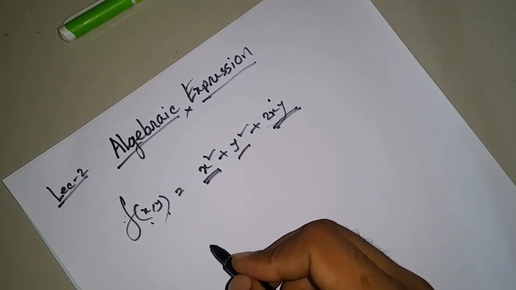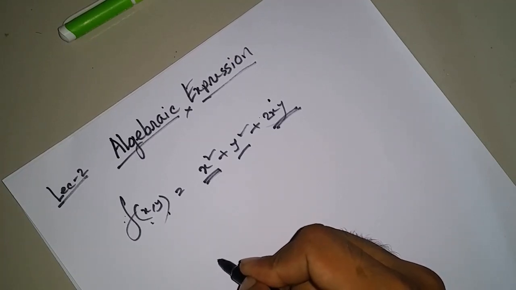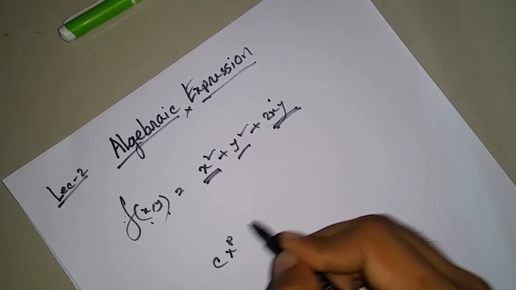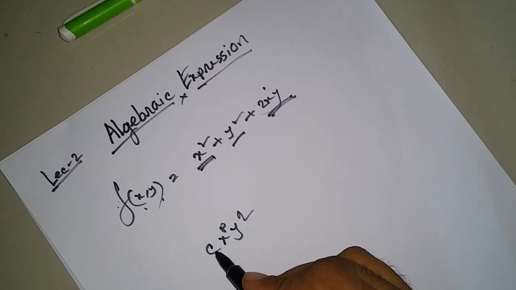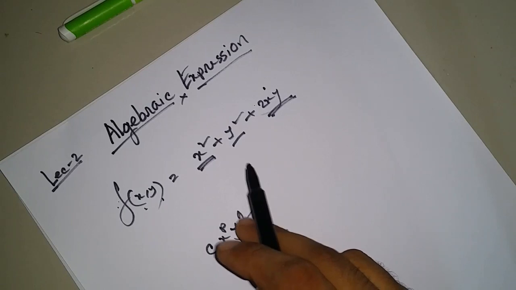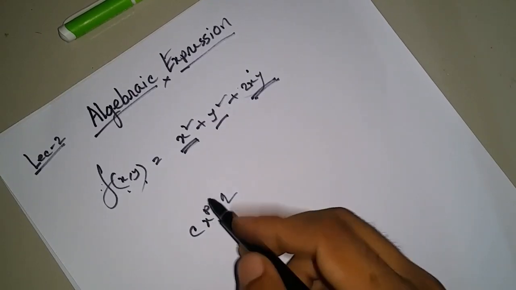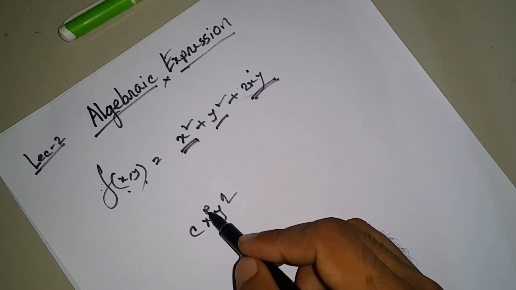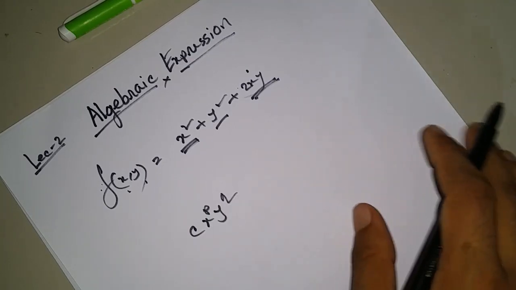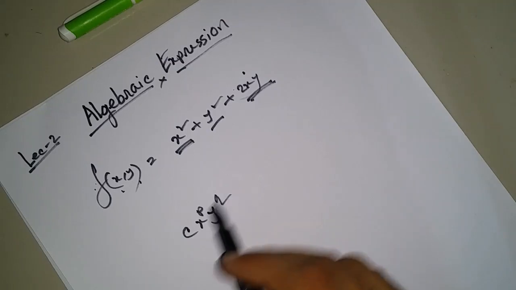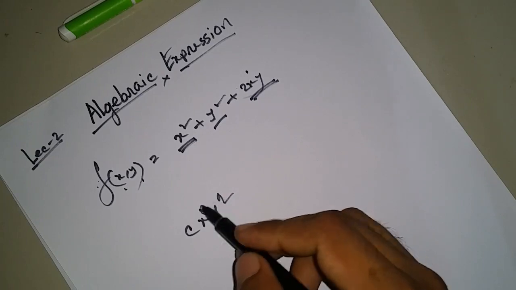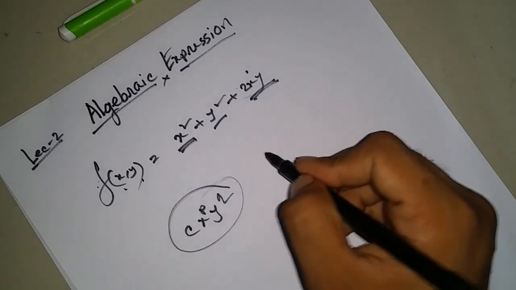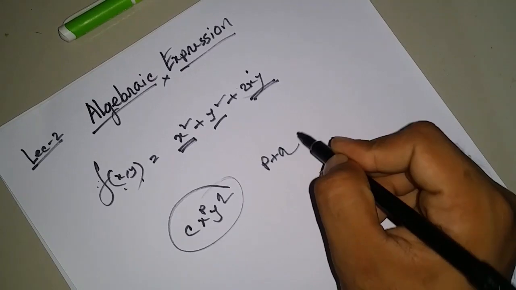Terms of polynomials of two variables are of the form c x to the power p y to the power q, where c is a constant or coefficient of these variables, and c may be 0, and p and q are non-negative integers. We already learned this from polynomials of a single variable. The degree of this term is p plus q.